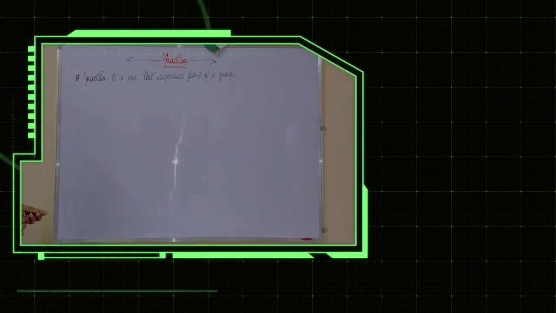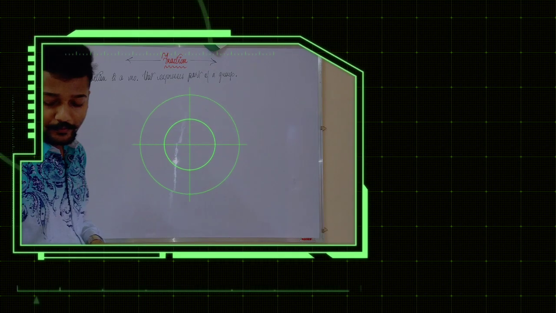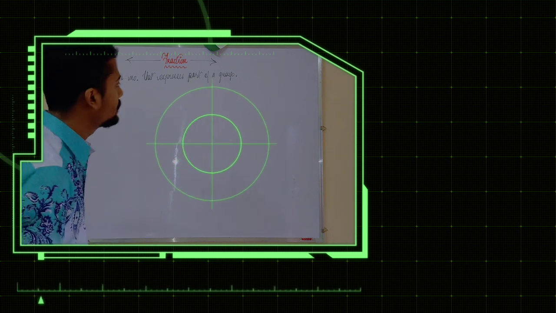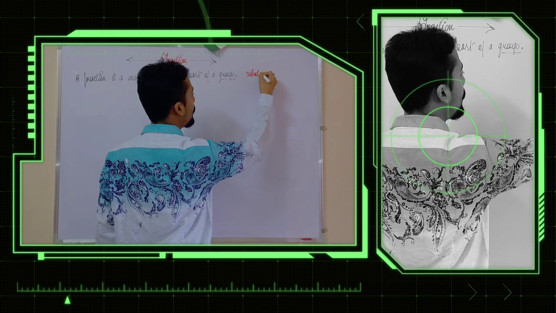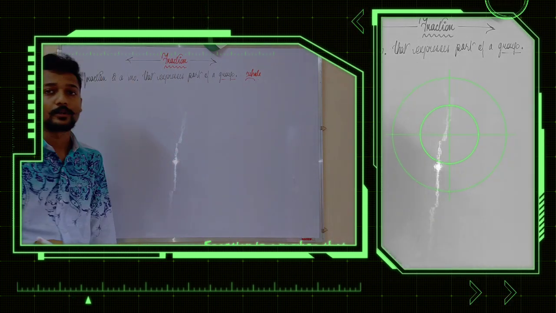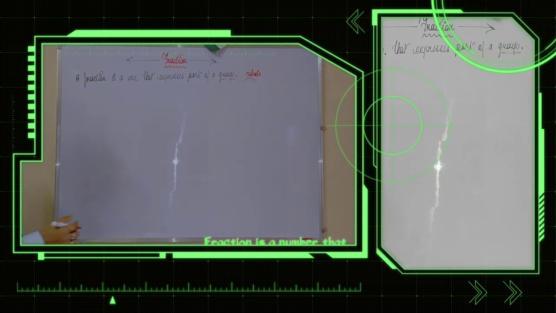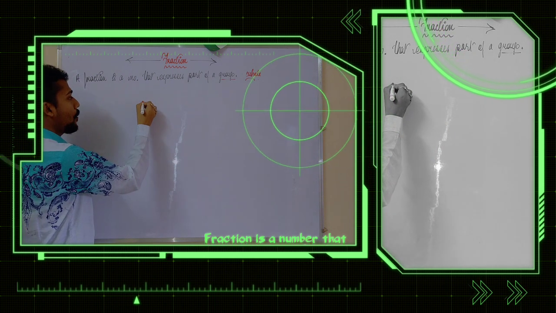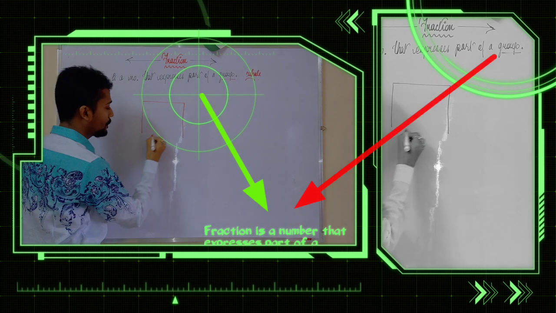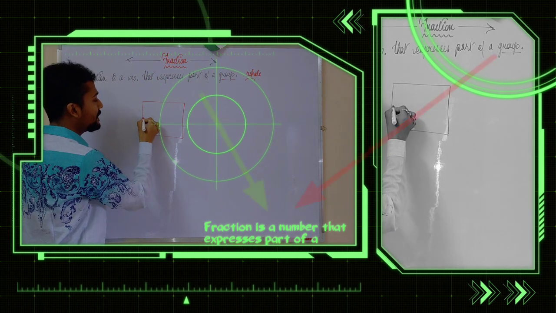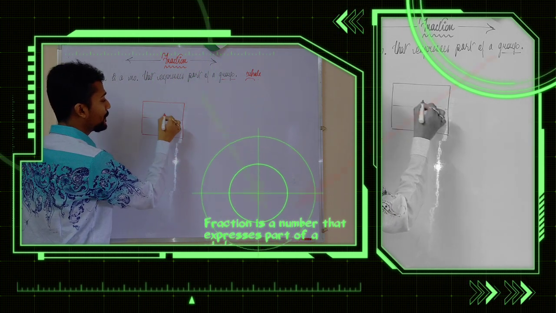A fraction is a number that expresses part of a group, or we can say part of a whole. Now what is part of a whole? Let us take one sheet of paper, and divide it equally into 4 equal parts.